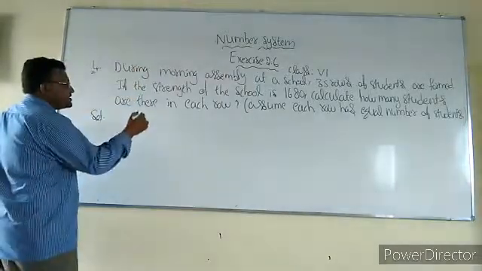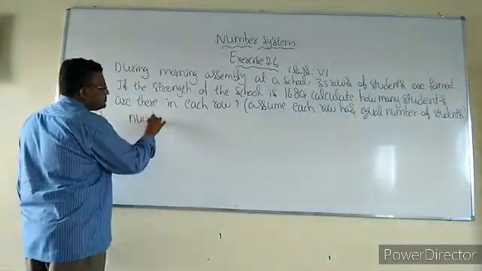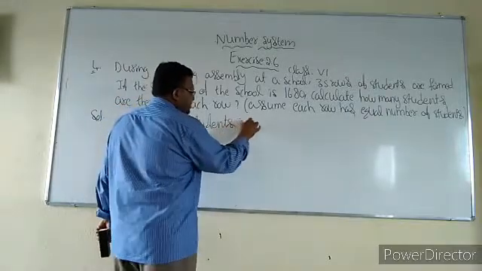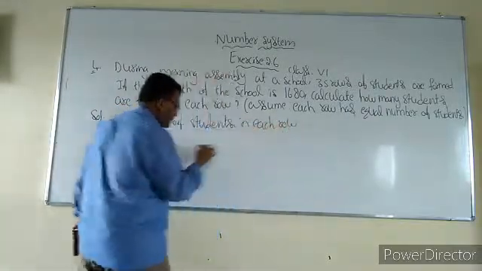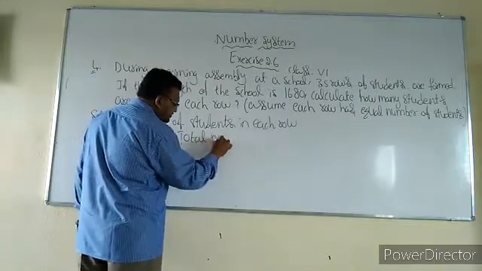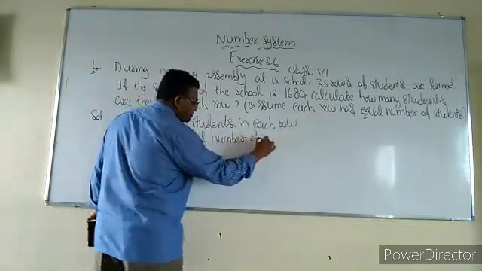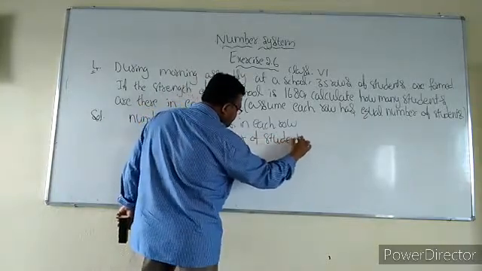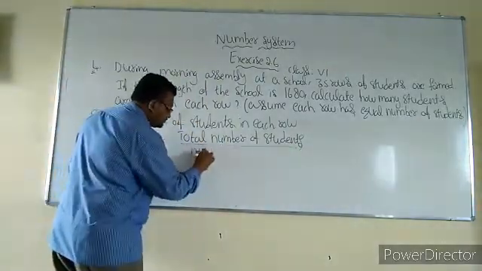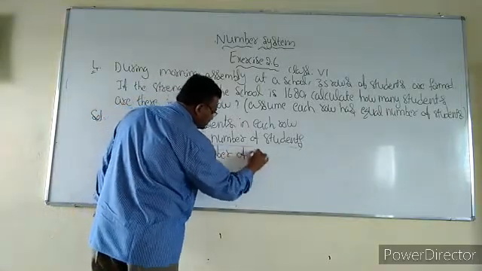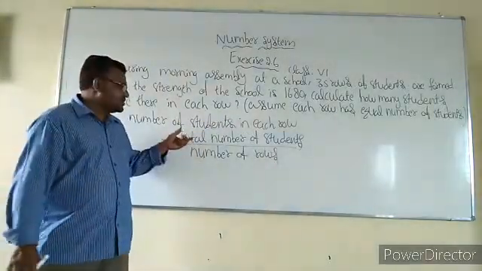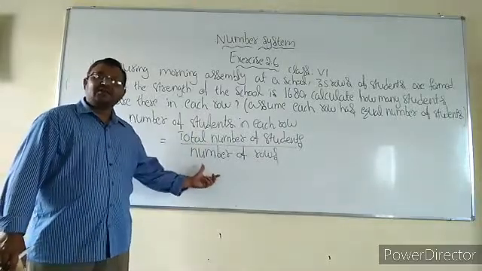To find the number of students in each row, what do we have to do? Divide the total number of students by the number of rows.